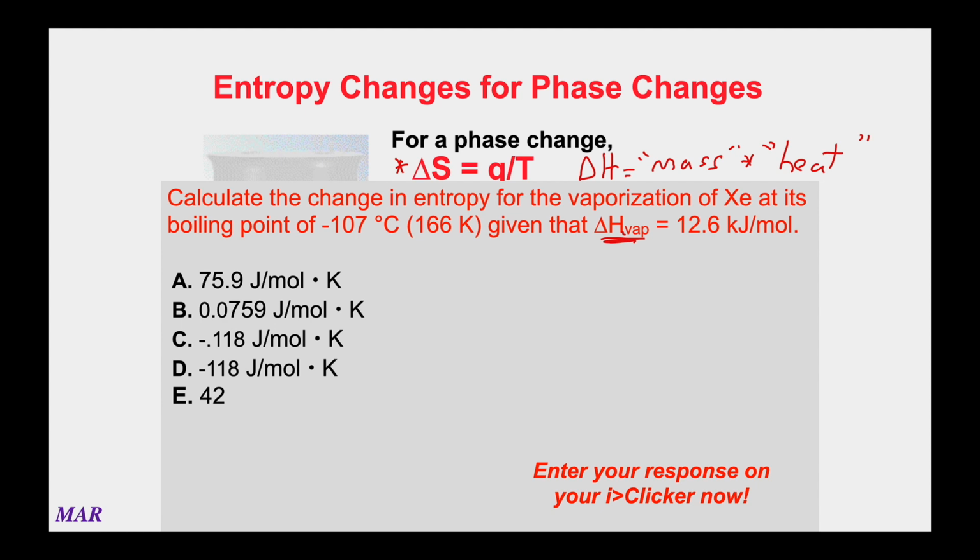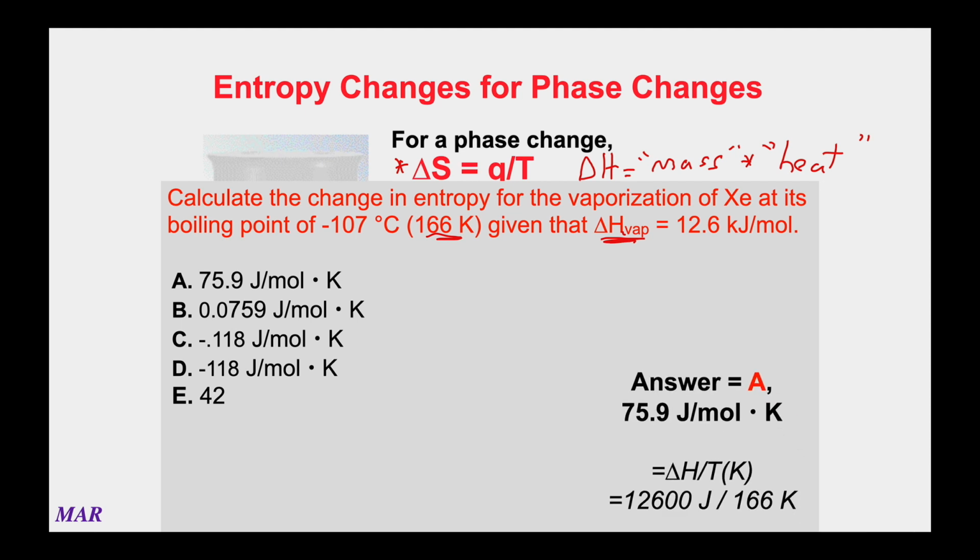So let's take 12.6 kilojoules per mole and multiply it by 1,000 to get joules per mole, and we'll divide that by the Kelvin temperature, which is that 166 number. Anyway, you do all this, which is really exciting, I'm sure. 75.9 joules per mole Kelvin is the entropy change for the vaporization, for turning liquid xenon into gaseous xenon.